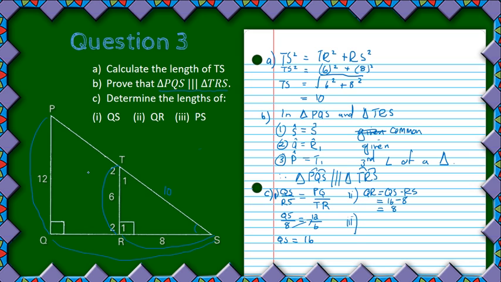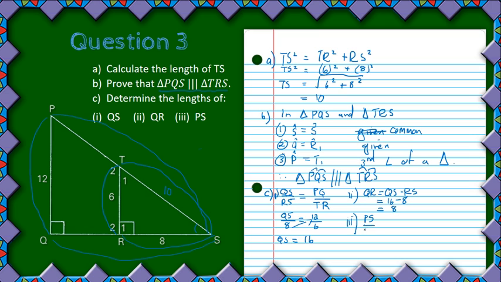PS is this long side over here. So once again, we can just use our proportionalities, and I'm going to go with this long side, PS, over TS, the hypotenuse side. So let's write that down.